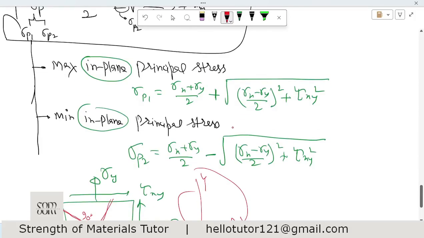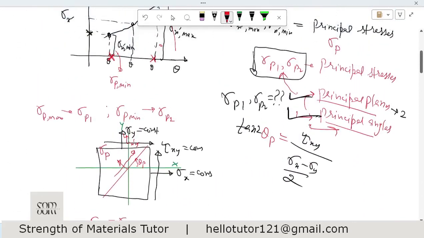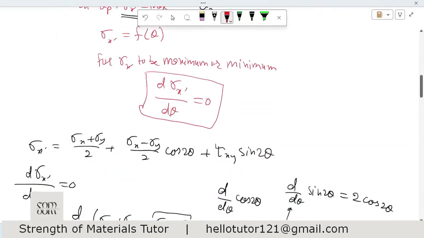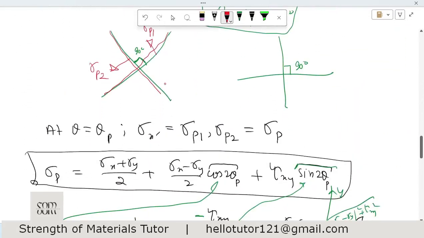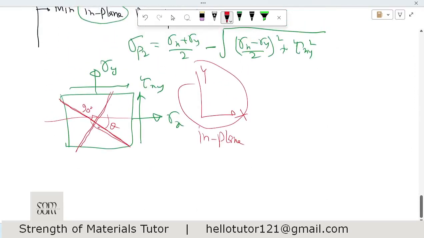Okay, so now we found the maximum and minimum stresses, and we found these values of stresses too. Now one more important thing: for example, we know this plane, there will be maximum stress on this. Let us talk about only one plane. Let this be the principal angle, so this red is a principal plane.